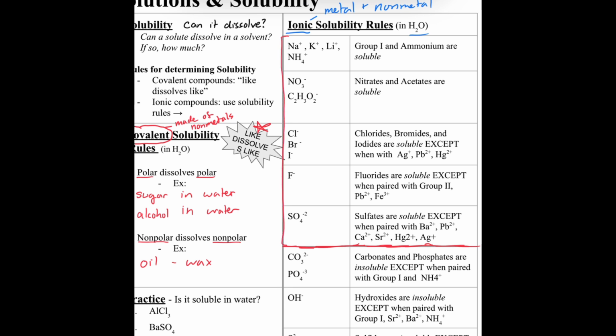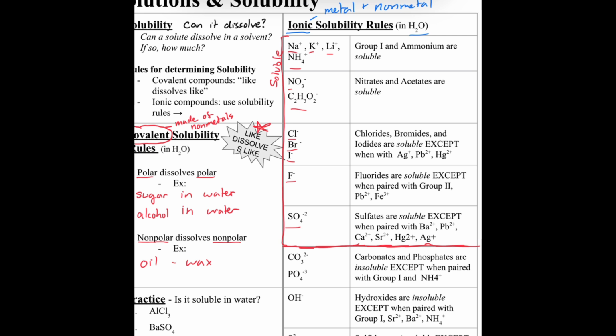They are totally fine to dissolve in water. So we're going to label those soluble. Right? So if you see sodium or potassium or lithium or ammonium or nitrate or acetate or chlorine, bromine, iodine, fluorine, sulfate, most of those ions are going to be soluble most of the time.